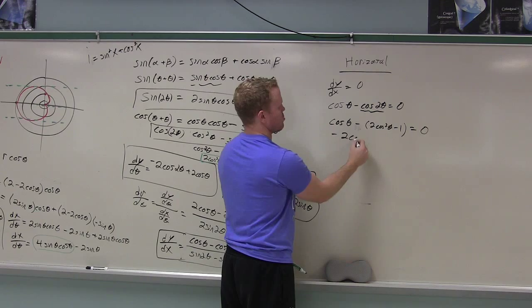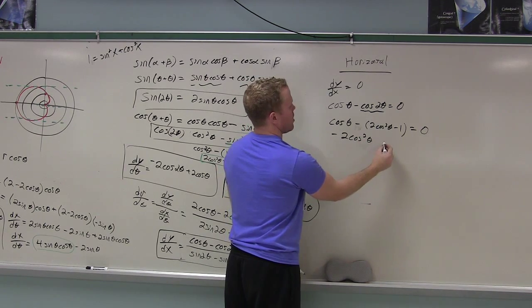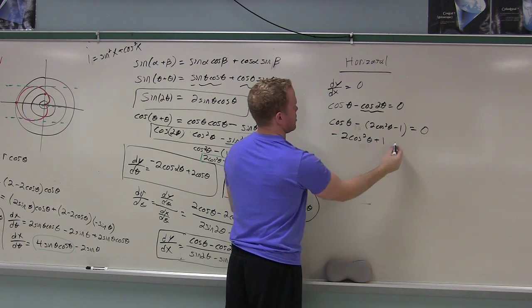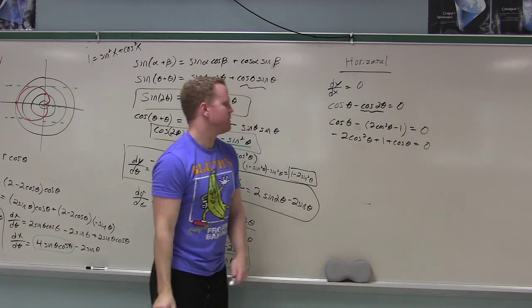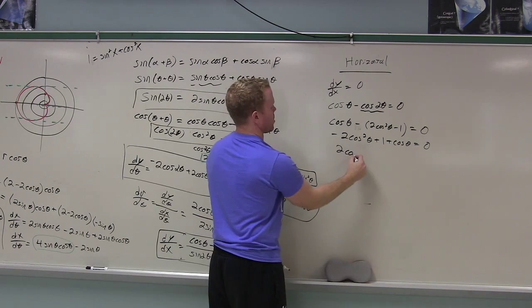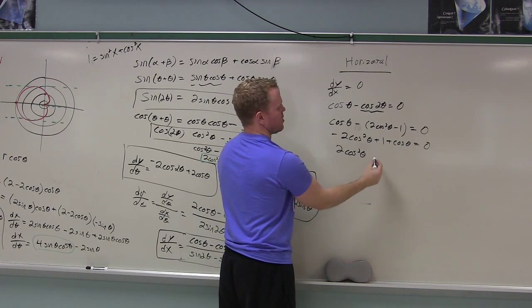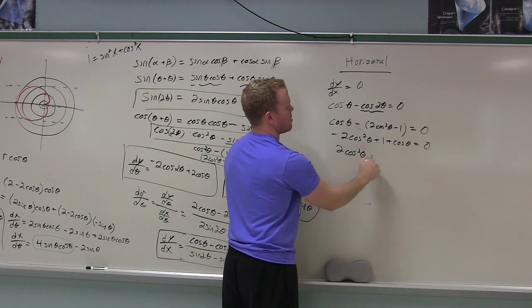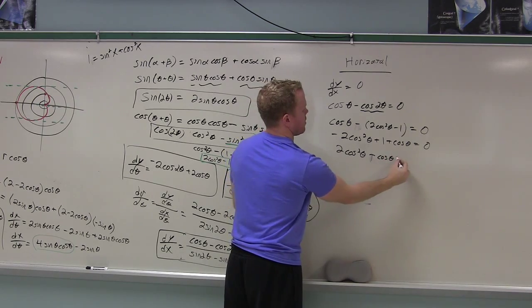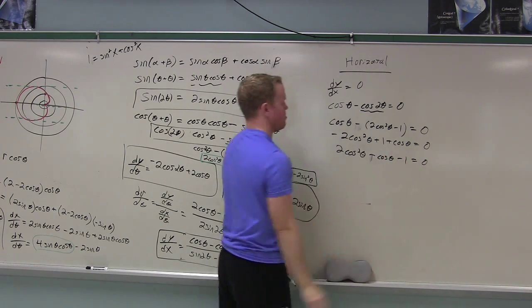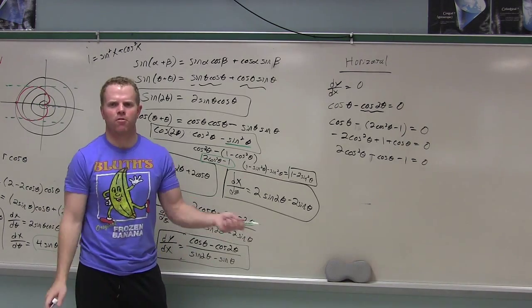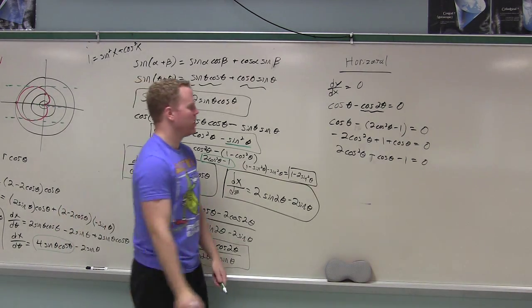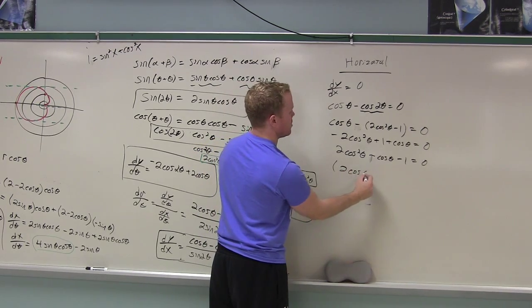This is negative 2 cosine squared theta plus 1 plus cosine theta equals 0, and you just multiply both sides by negative 1, or flip the signs, whatever. It's all the same thing: 2 cosine squared theta minus cosine theta minus 1 equals 0. So let's factor this.